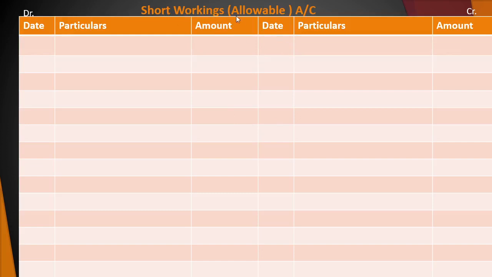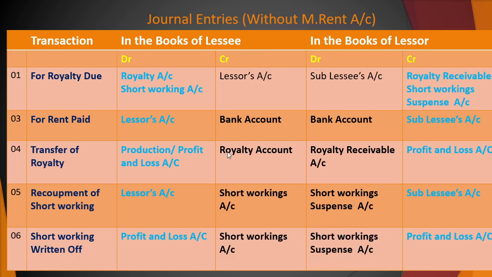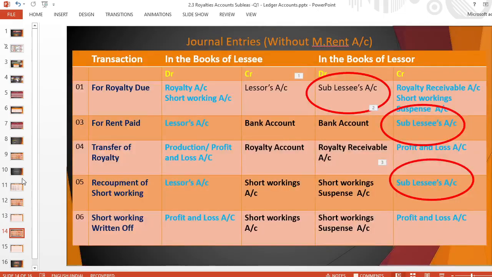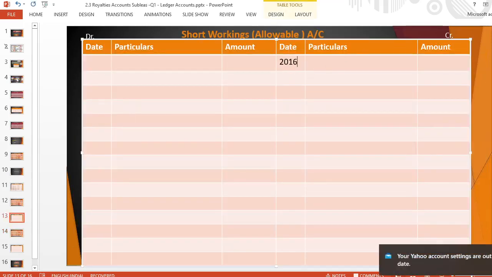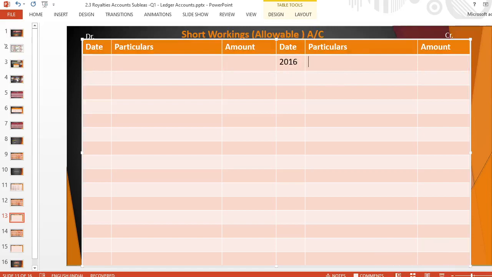So here, short working allowable account. In the year 2016, Sub-Lessee's account debits to short workings account. So short working account credit side by Sub-Lessee's account. So here the Sub-Lessee is Ashika. So Ashika's account.